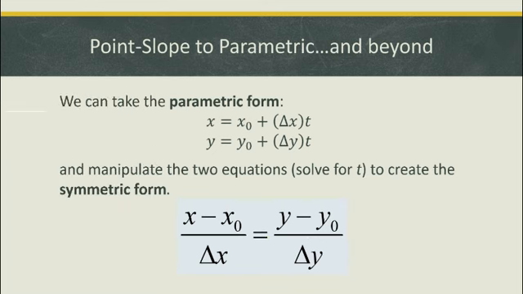So if I wanted to write the symmetric form of my line, I would write x minus x naught, but my x naught was -1, so x plus 1 over delta x, and my delta x was 3.